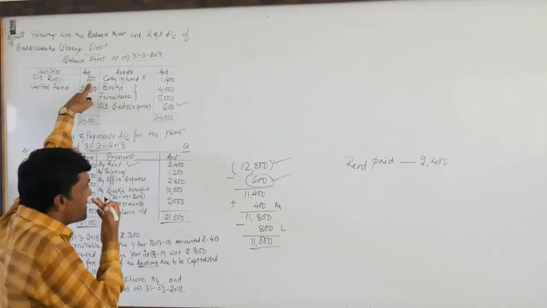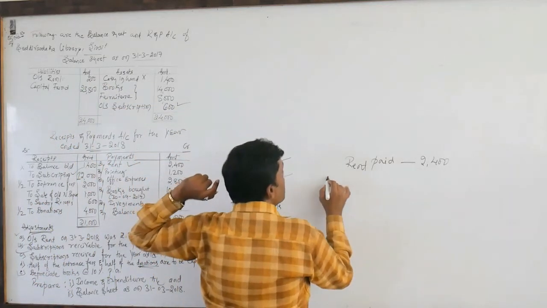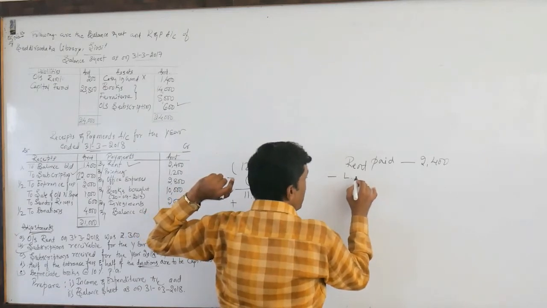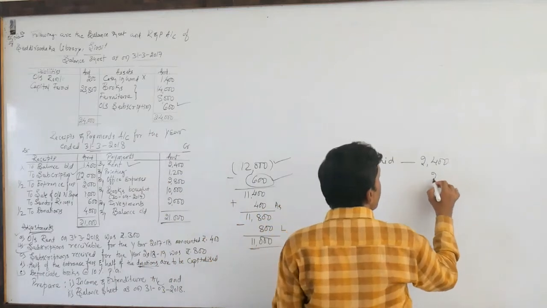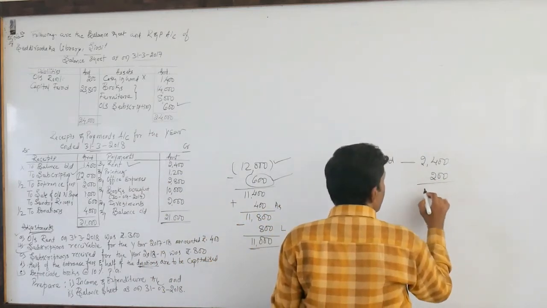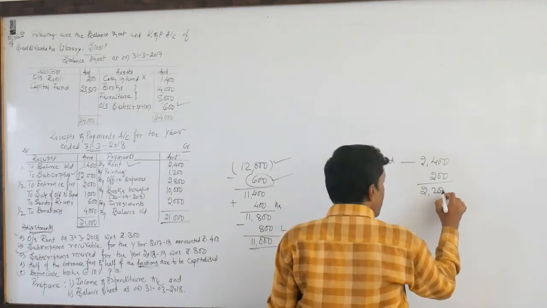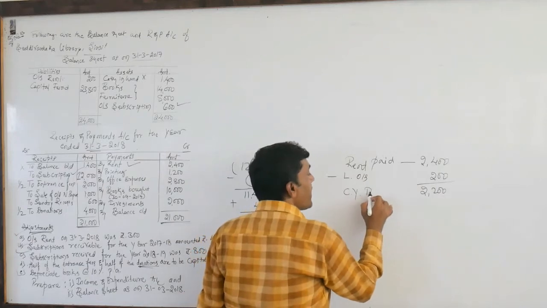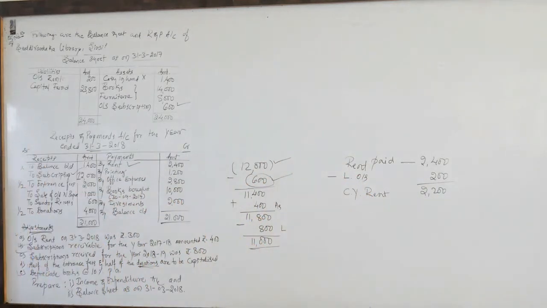So out of this rent paid of 2,400, last year's outstanding was 200. With this, we can say the current year rent paid is only rupees 2,200.